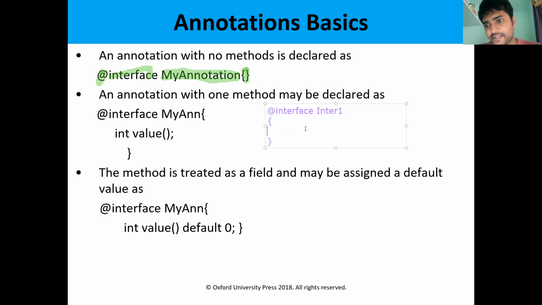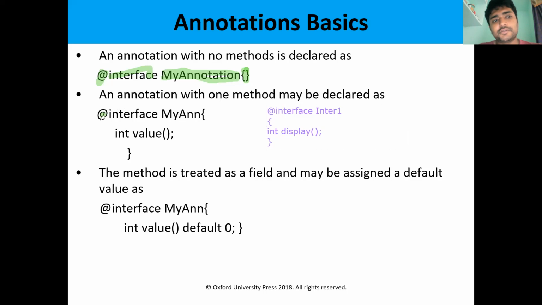So this is the creation of an annotation. In this body, we don't have any method. So this annotation has no method. This annotation has one method, display. So this is the syntax for creation of an annotation. We have to use the at the rate symbol. We can create the annotations with the help of interface.